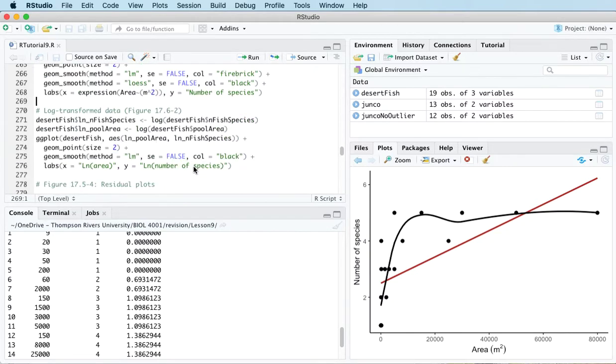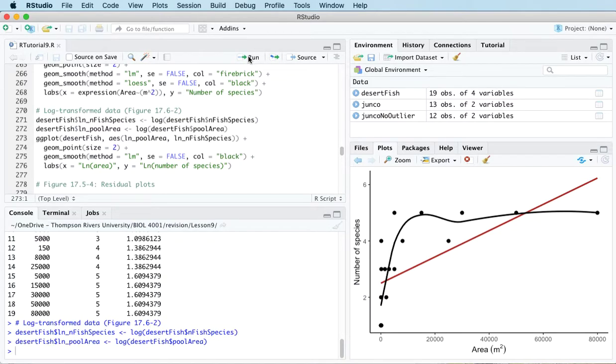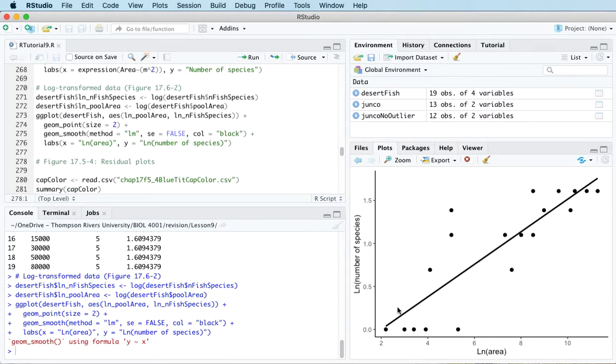So what to do? Well, there's many possible things that could work here, but it turns out that using transformations on the two variables actually works quite well. So if I calculate the log of the number of species and the log of the area, and then draw this plot, I do get a nice linear relationship.